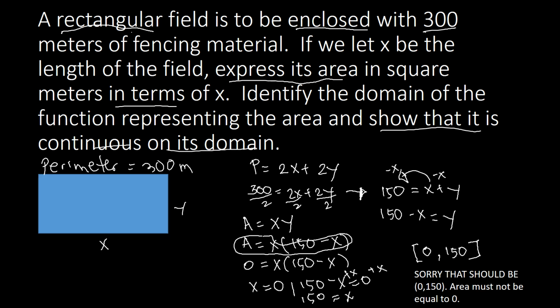You will not have a discontinuous function there. So to show that it is continuous on its domain, you may simply say that this is a polynomial function, and polynomial functions are continuous in nature. Any interval would do as long as it is a polynomial function, so the function is continuous on that interval.